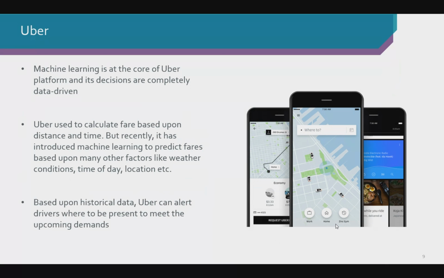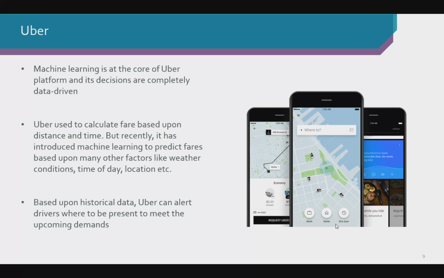And also, what else they can do is, based on the historical data that they've collected, they can alert drivers to be present to meet upcoming demand. So think of it, if you call an Uber and you have to wait for like 10, 15 minutes for Uber to come to you, you will just cancel the ride.